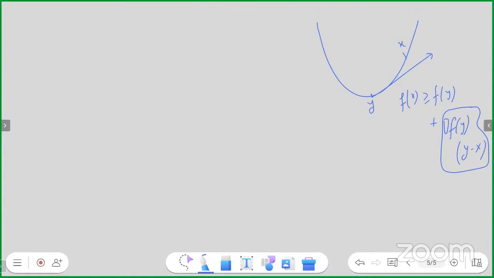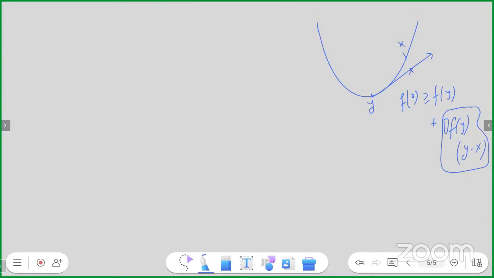What is this quantity? Therefore, y plus the quantity in this direction, we started to walk x minus y. So, where is that value? That's this right hand side.